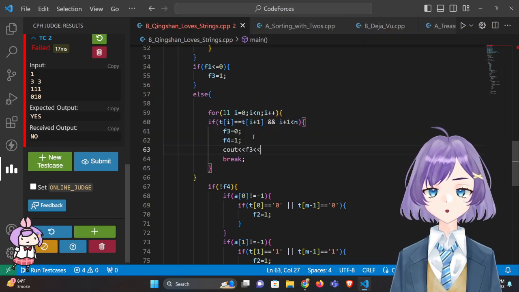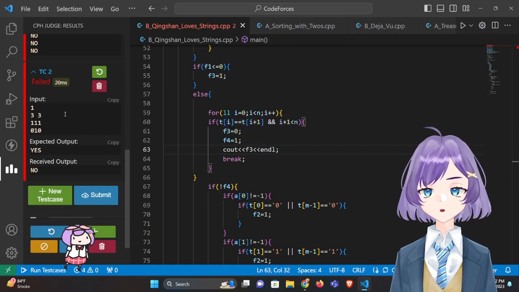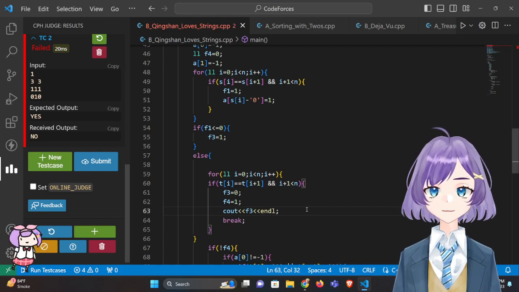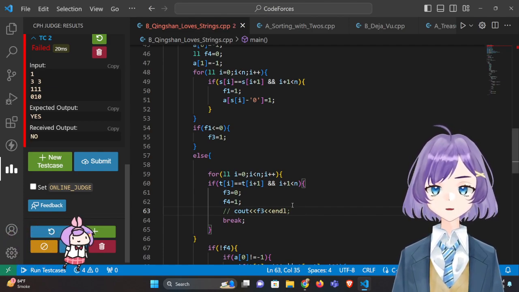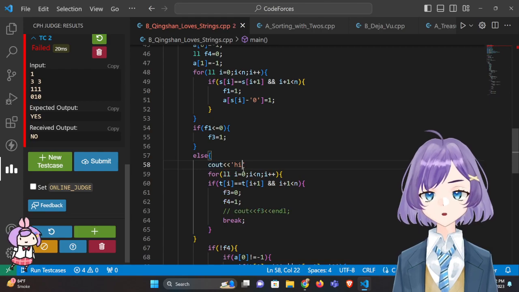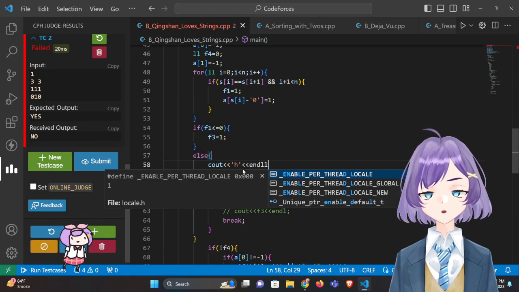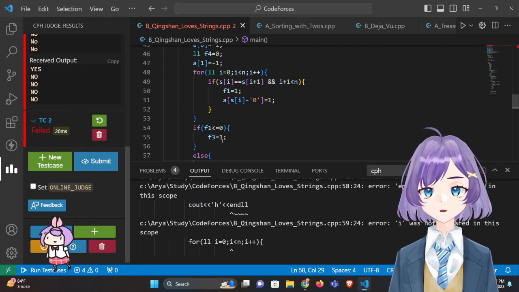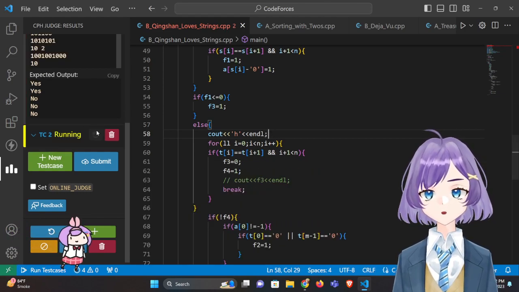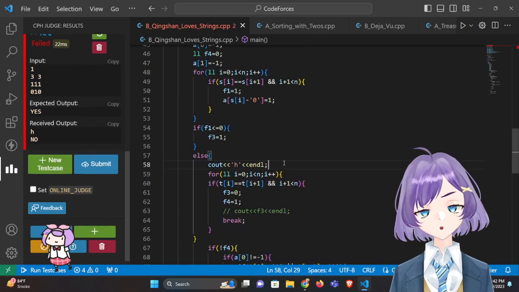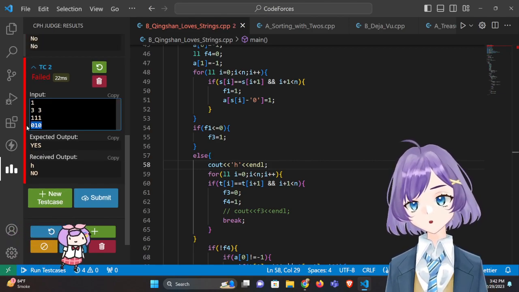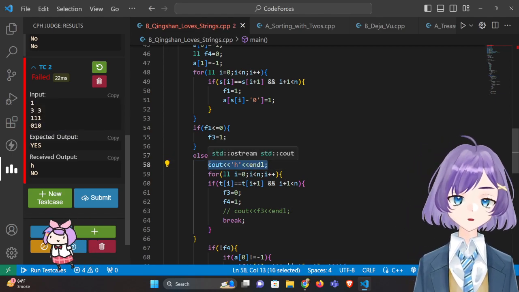Yeah, F3 and cout, H and endl. They are not equal, so it's good.